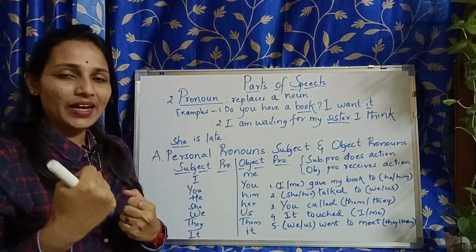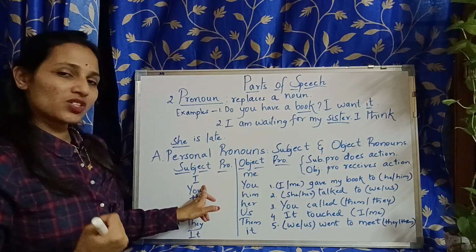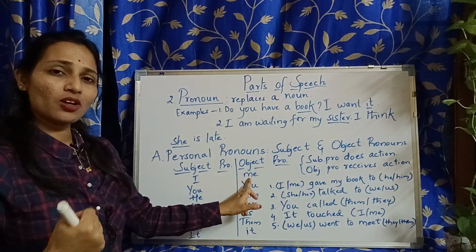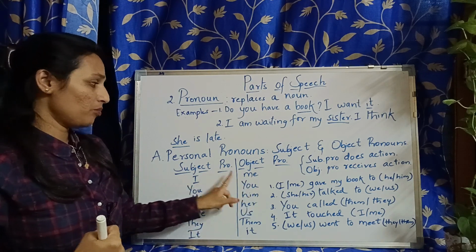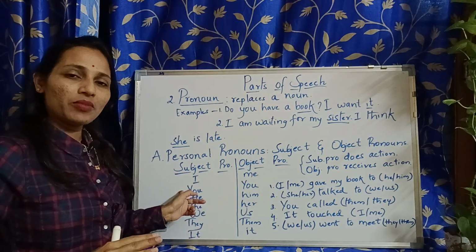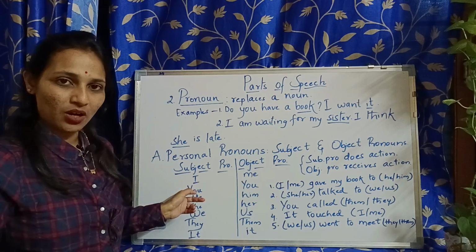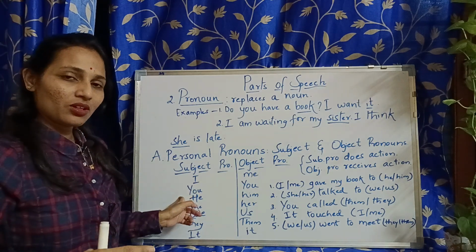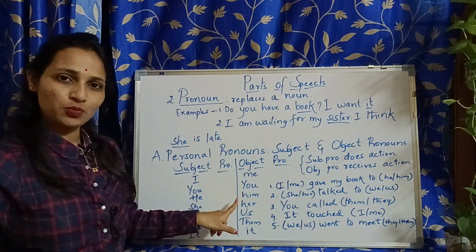Here we go. I have the list. I, subject pronoun, me becomes the object pronoun. You will remain the same no matter if it is subject pronoun or object pronoun. Then he, when he is subject pronoun, him becomes the object pronoun.